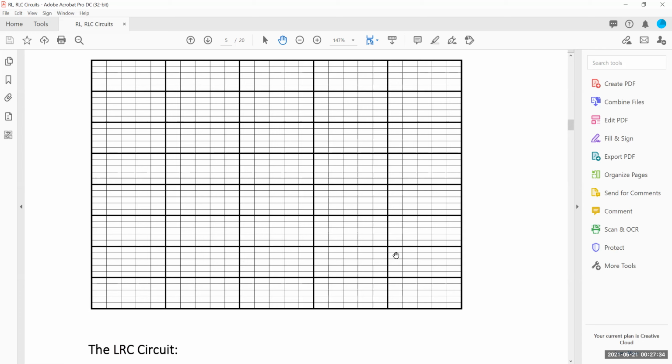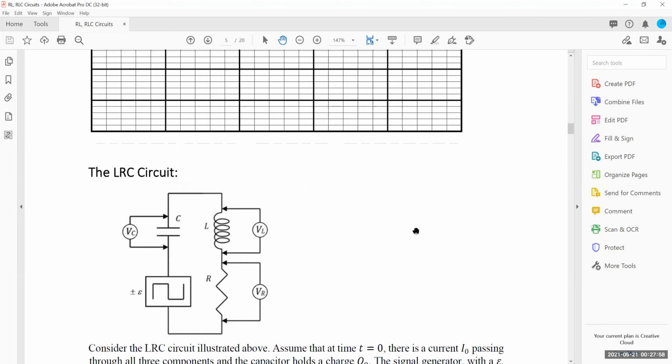So it should be a line like this one, and the slope should be negative 0.2. Make sure you label the x-axis, which is time in seconds, and the y-axis, which is the natural log of 1 minus vr over epsilon, and put the fit of the equation in here. If you're going to use Excel, which is fine, then make sure that the graph looks neat, and include the Excel graph instead of this graph. So we're done with this part.